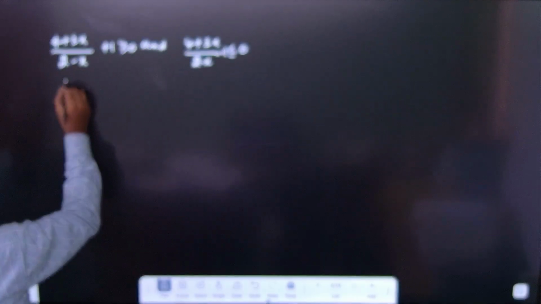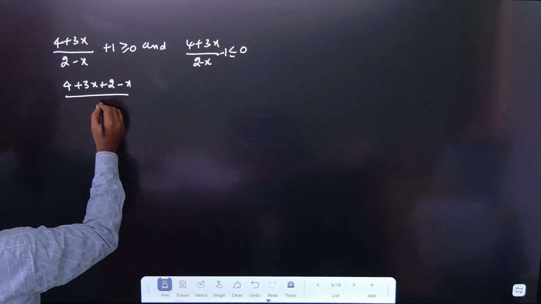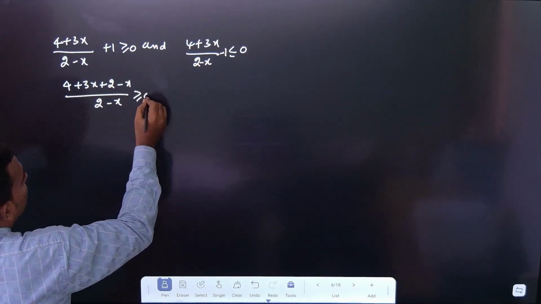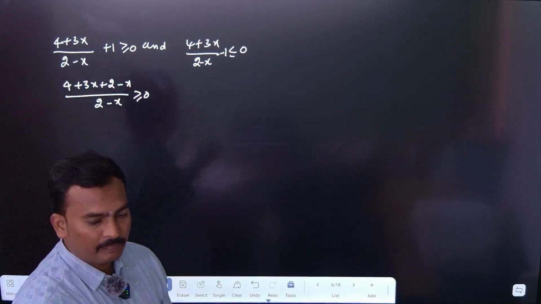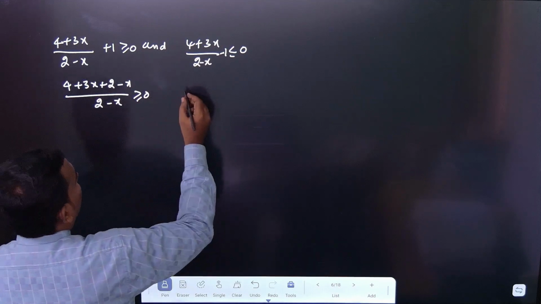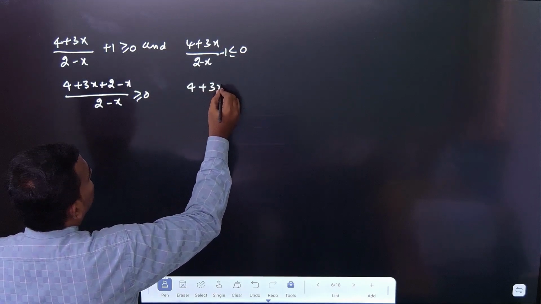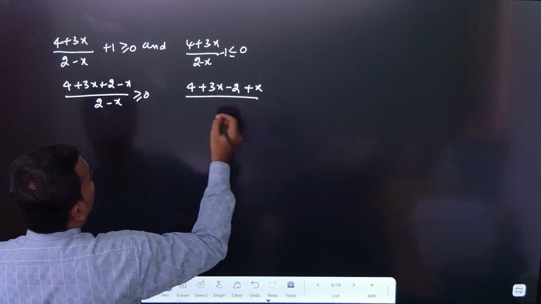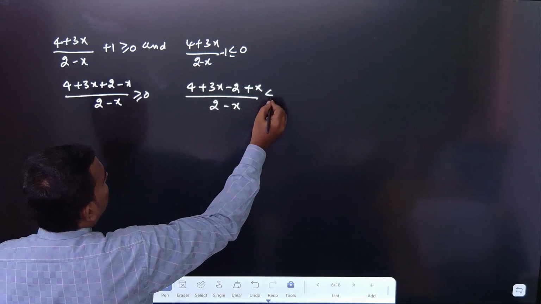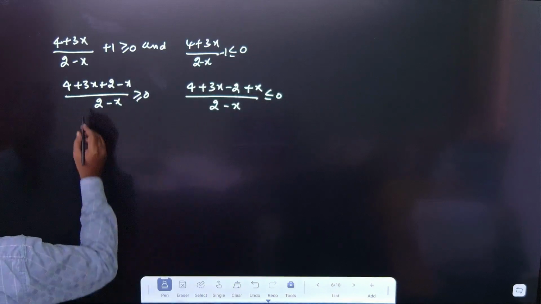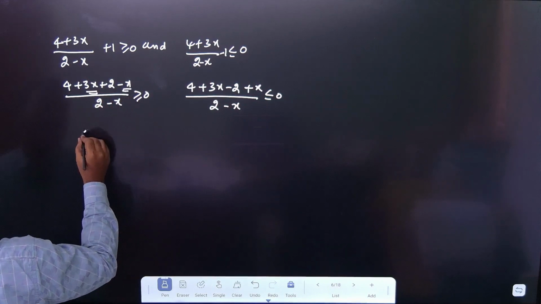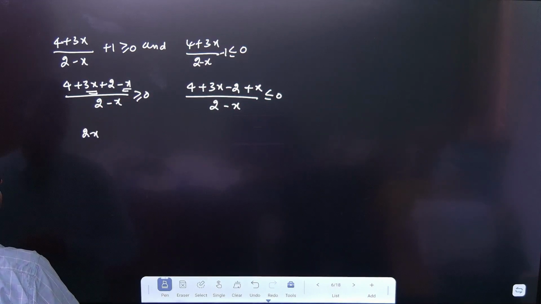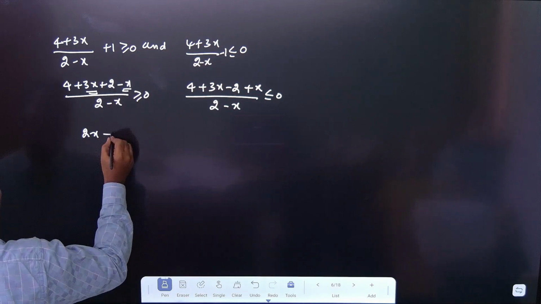Now you can solve this quickly. (4 + 3x + 2 − x)/(2 − x) is greater than 0. Just I am taking the LCM, right? So here (4 + 3x − 2 + x)/(2 − x) is less than or equal to 0. Then 3x − x is what? 2x. 4 + 2, 6, right?